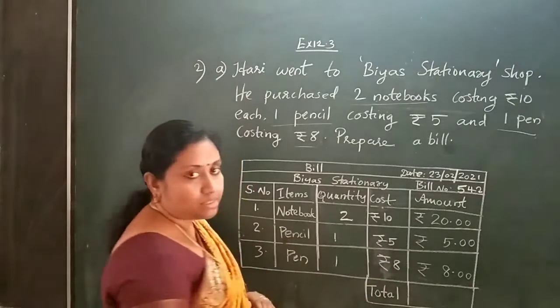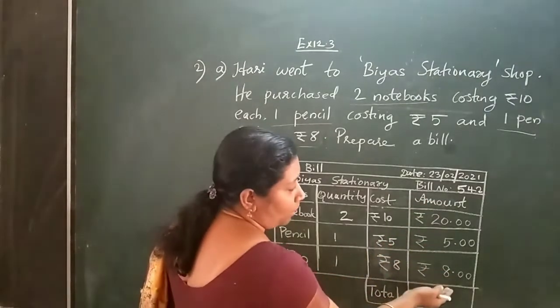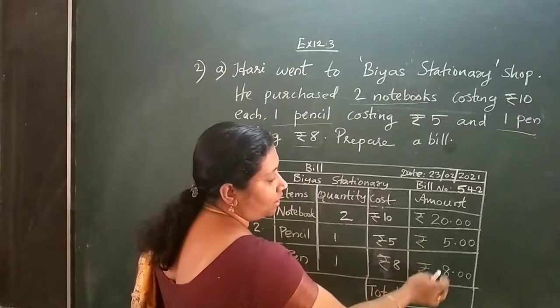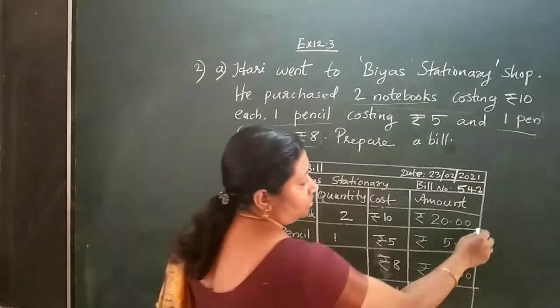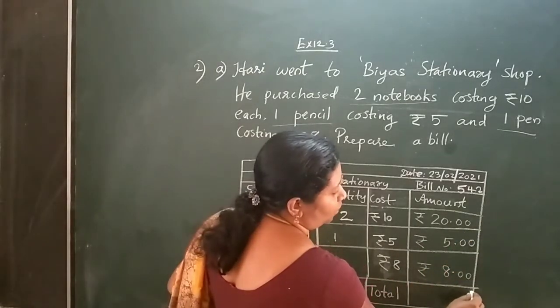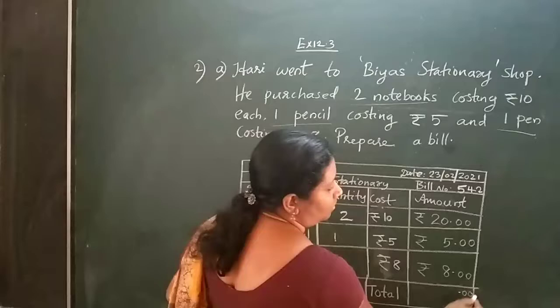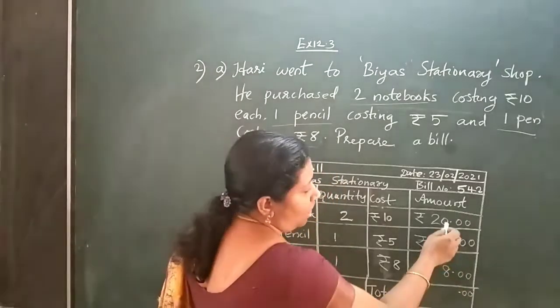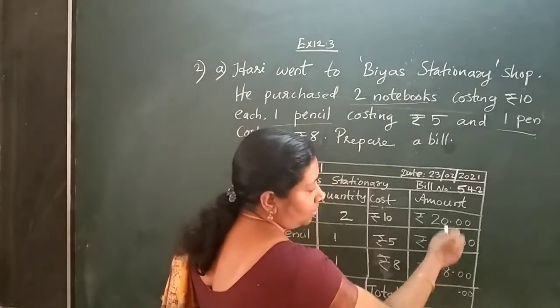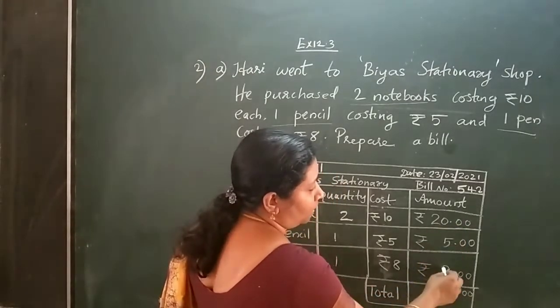Then what is our next step? What is the total amount? You add these 3 items. Here 0, 0, there is no paise. Then 0 plus 5. These all are the ones place numbers.